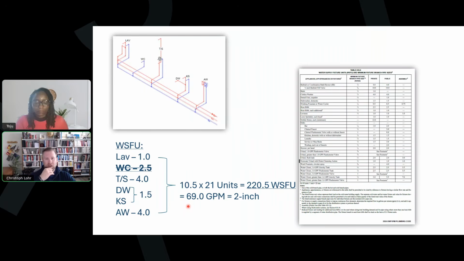So instead of what we ended up having, which was 18.5 GPM, which equated to 1.25 inches, we would have ended up with a 2-inch hot water main.